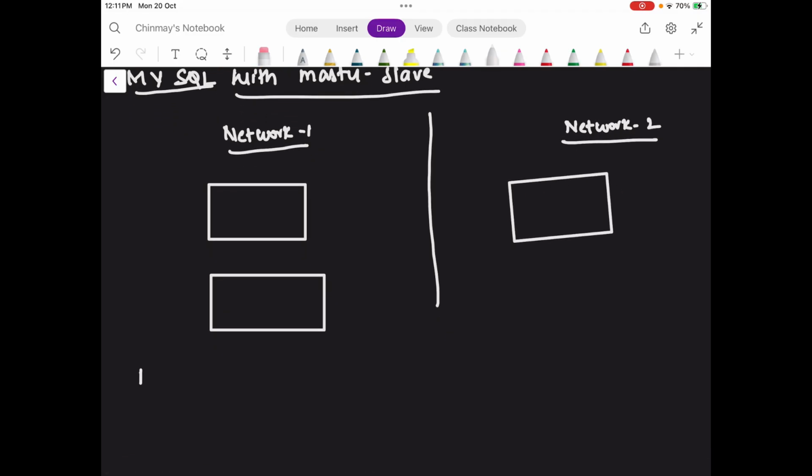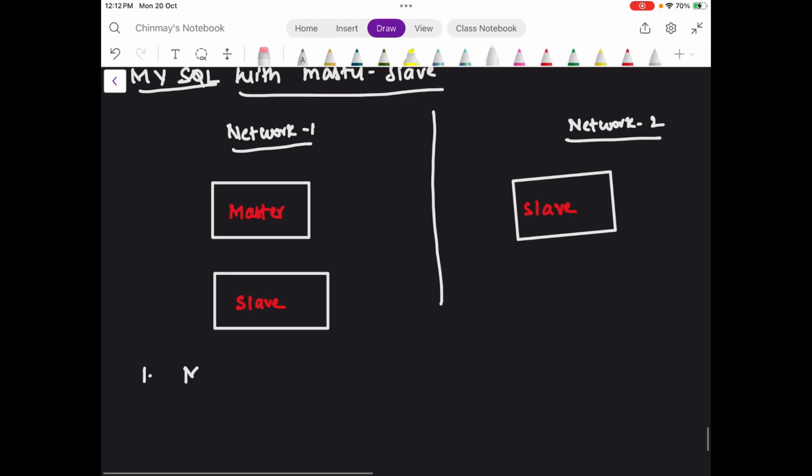Here, what are the rules? Let's assume that this is a master. This is not replicas. Okay, this is a master. This is a slave, because it is a master slave architecture, not a cluster mode architecture. That is a difference. Generally, the master accepts writes.